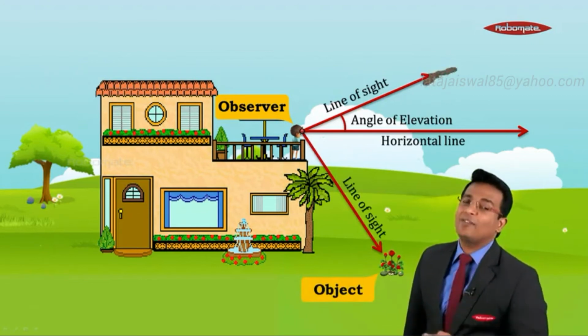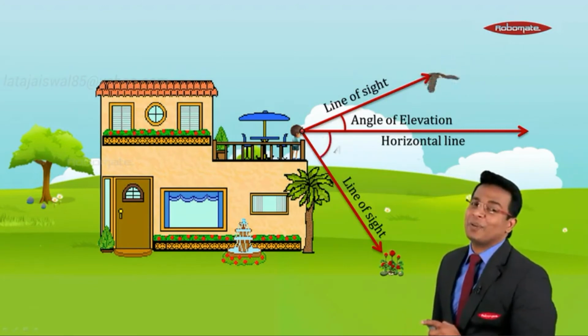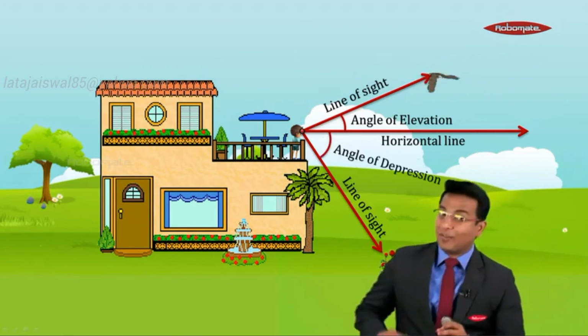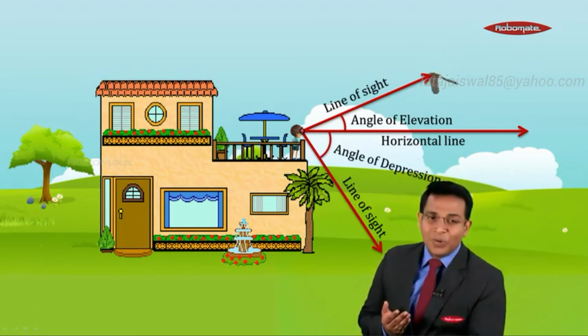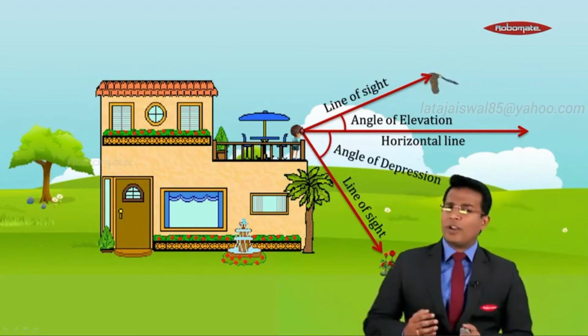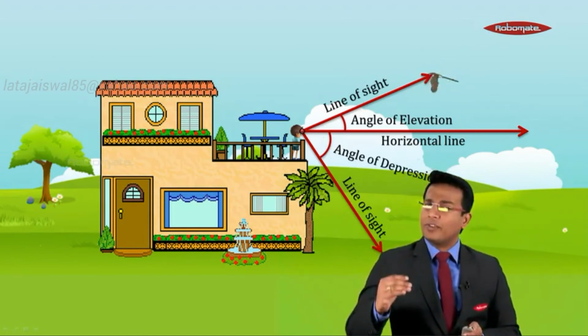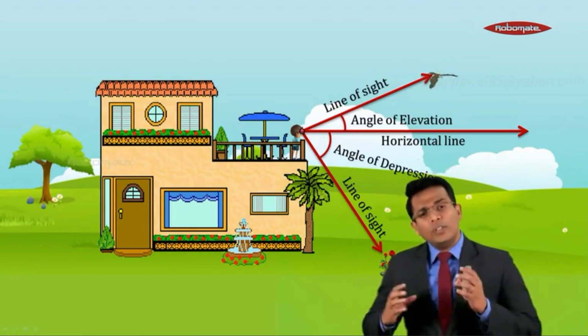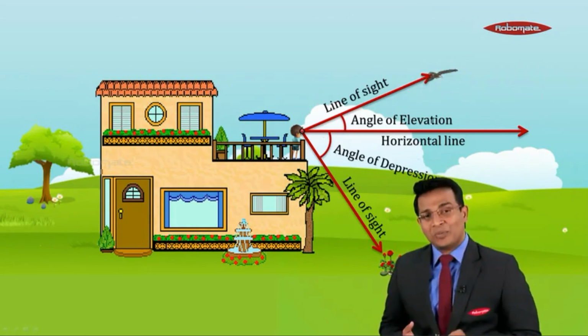And the angle formed here by this line of sight with that horizontal line is the angle of depression. We know angle of depression is formed when the observer is seeing below the horizontal line. So students, we have understood what is line of sight, what is horizontal line, angle of elevation and angle of depression. These are the 4 terms which we require to solve sums based on application of trigonometry.